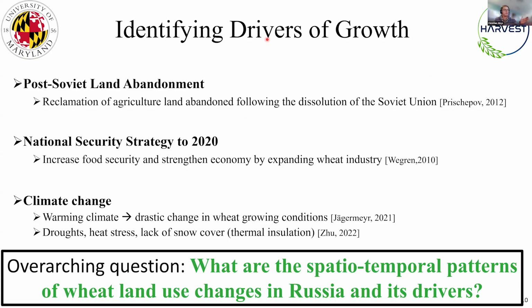So we had three things going on in Russia in the past 30 or so years that could have led to this kind of growth, right? We have post-Soviet land abandonment. So after the Soviet Union, bureaucracy collapsed, things had to be reorganized in how people own land, XYZ. We have the second one being the national security strategy, this huge document that Russia produced about how they were going to strengthen their wheat industry.